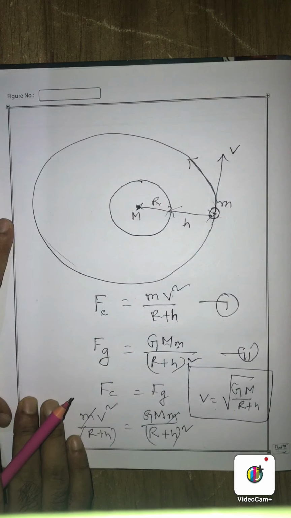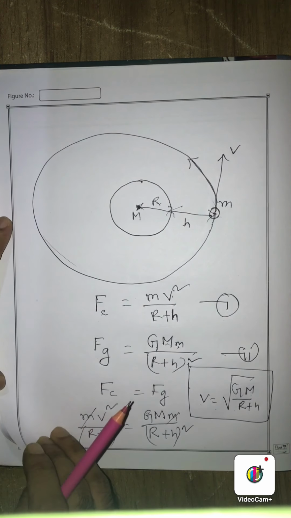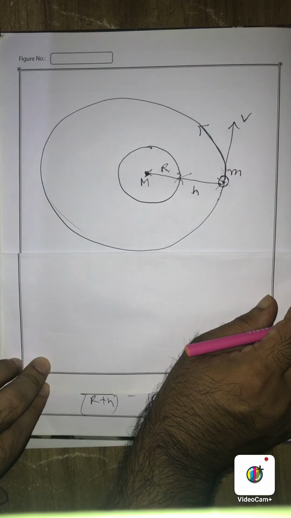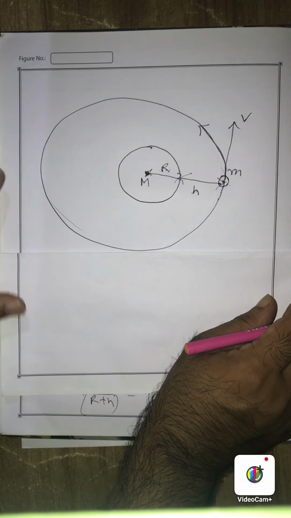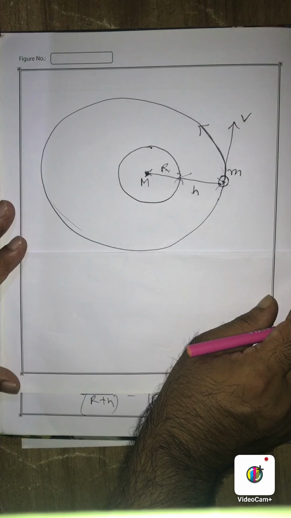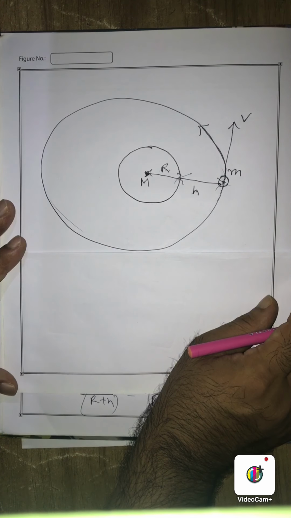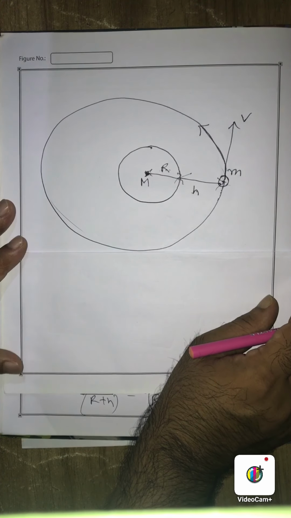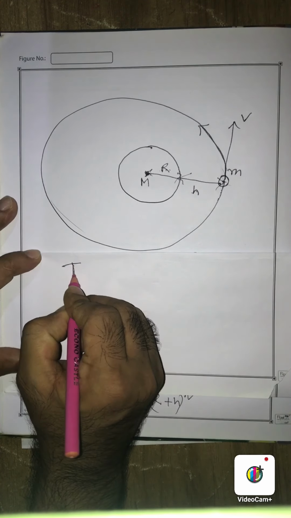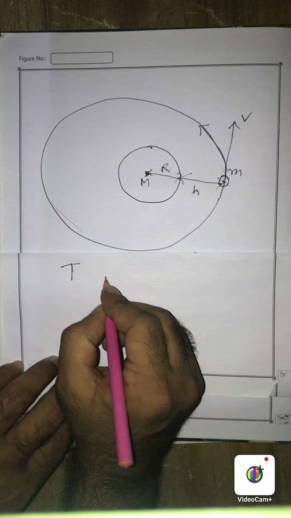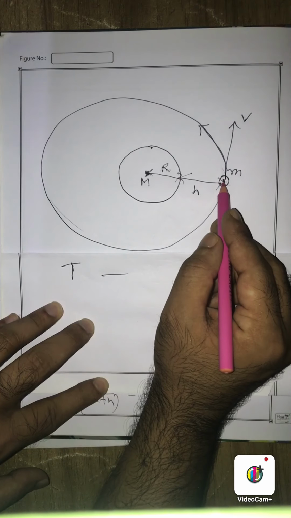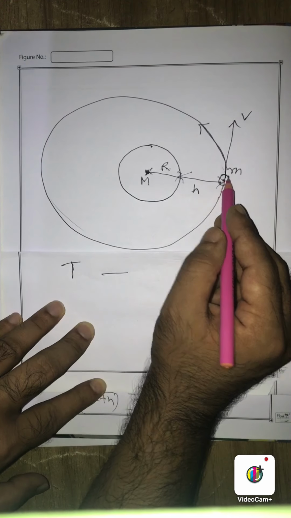Now another formula of the artificial satellite is the time required to complete one revolution. The time required to complete one revolution by the artificial satellite is called the time period T. In time T, the distance traveled by the artificial satellite is equal to the circumference of the orbit.